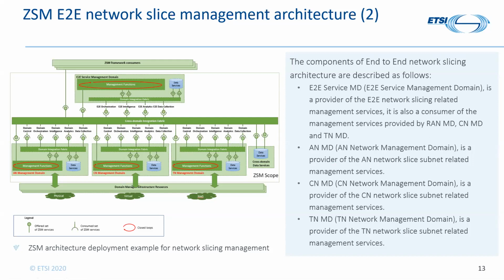ZSM 003 captures the end-to-end network slice solution, including detailed procedures and call flows, such as the lifecycle management of the network slice, the provisioning with transport coordination, and performance management of network slice.